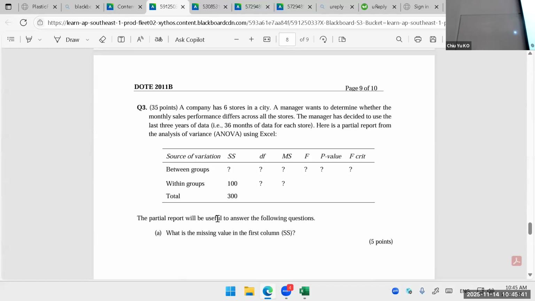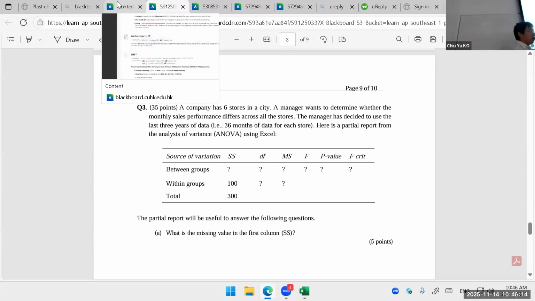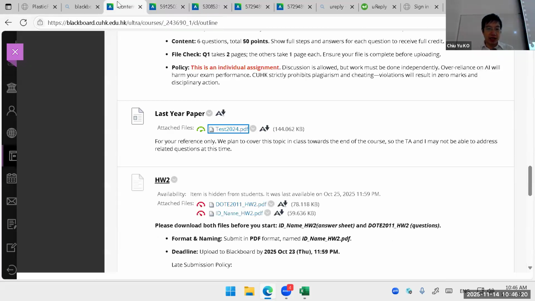I will not ask you how you operate the Excel add-in, because that is something too simple, too tedious to ask. But this type of model, this type of output, which is not just Excel, if you go to Python, it's almost the same. Use other software, R, EViews, Stata, to give the same table, or almost the same, or a different format. So knowing how to handle this is very important. Okay, so this is something I'll ask. This is not actually Excel, right? This is a table that you can construct from that, but that will be the idea.